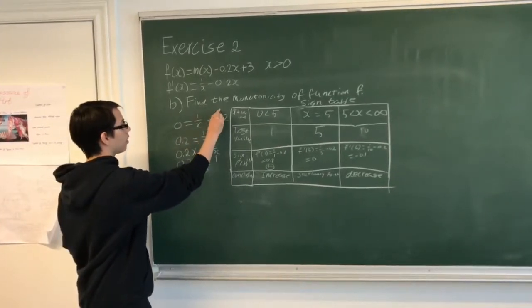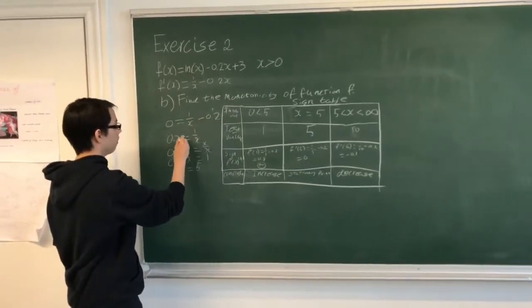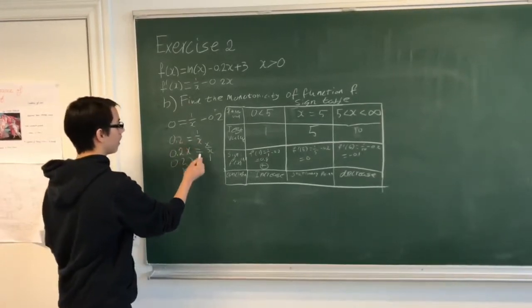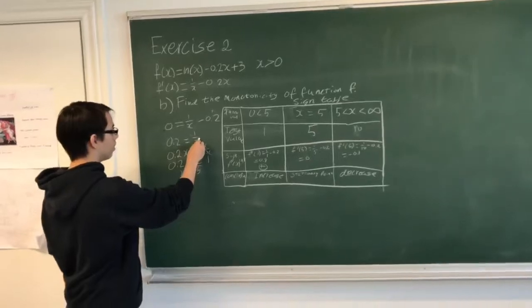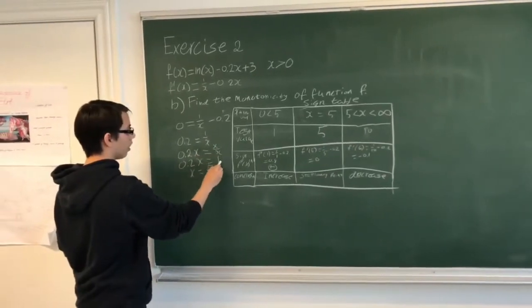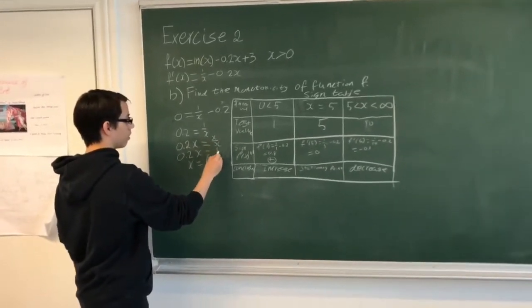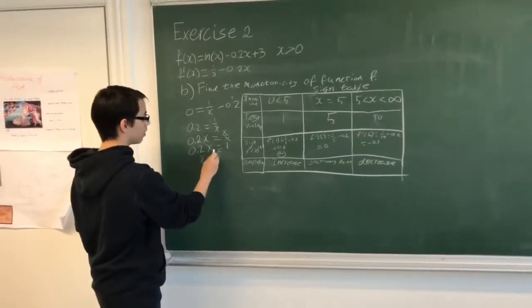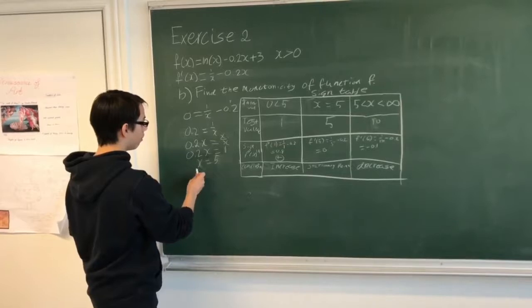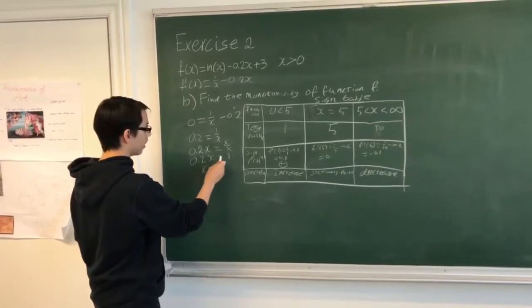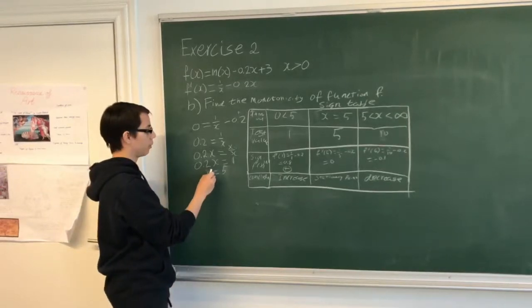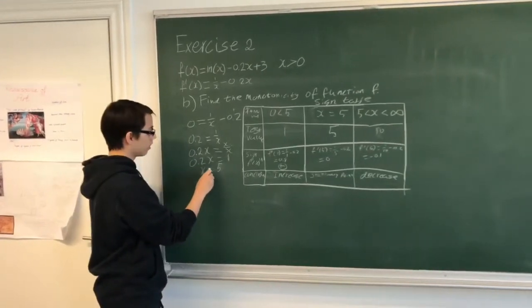Then we say plus 0.2, so we get 1 over x on this side and 0.2 on this side. And then we times with x, so we can have it alone. So x over x becomes 1, and then we have 0.2x over here by itself, and then we can solve for x now, because 0.2x equals 1, so we times with 5 to calculate what x is, and x is equal to 5.